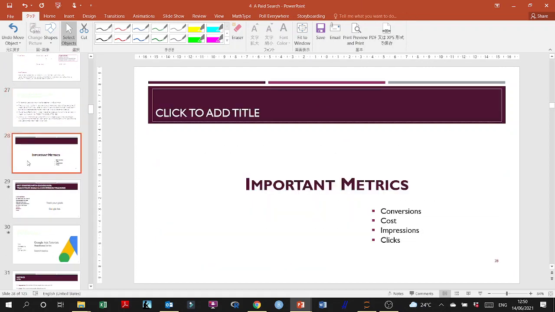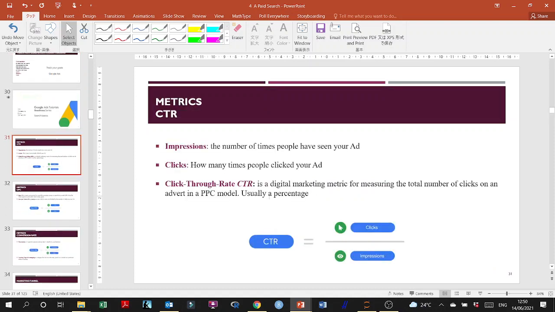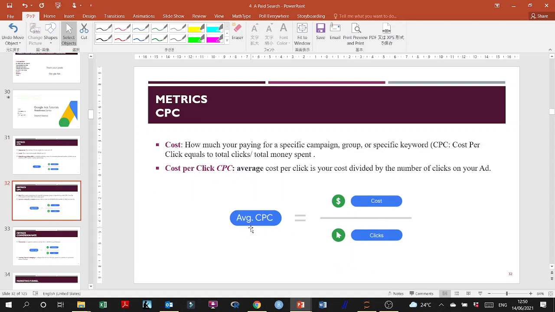All right, so let's talk about the important metrics. We talked about the click-through rate, which is the clicks over the impressions. We talked about conversion rate and average CPC, and it's average because the cost per click changes as the market changes.